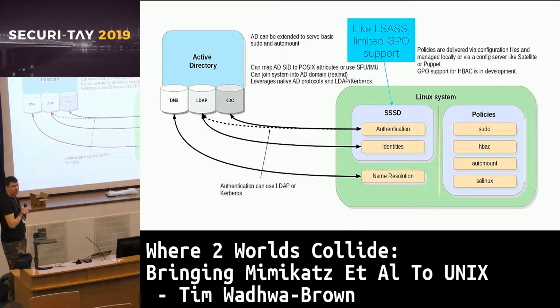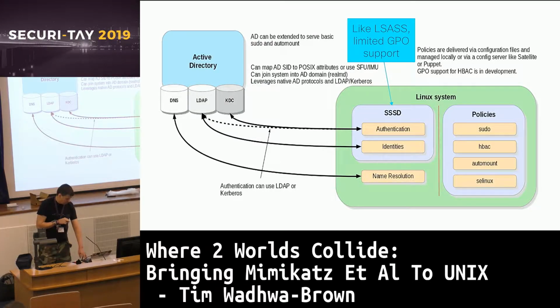SSSD, if you want an analogy, is performing a similar role to LSASS on a Windows system, talking backwards and forwards to Active Directory, making requests to validate users, getting Kerberos information back, applying that to the user's profile on the system they've logged into, and so on. You can see why the attack surface might be similar, but there are some differences.